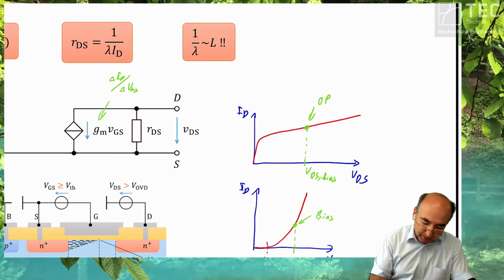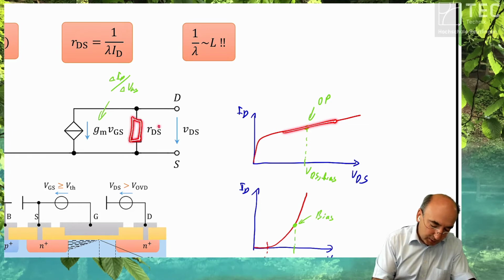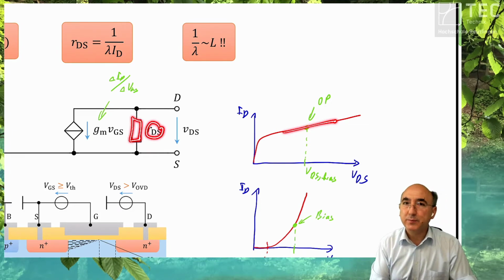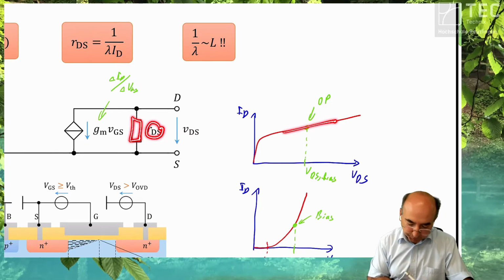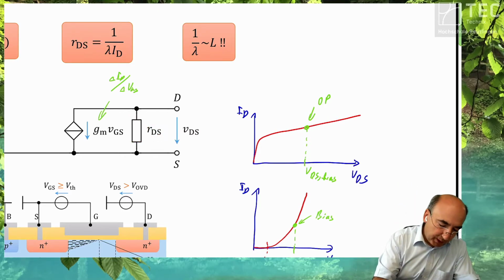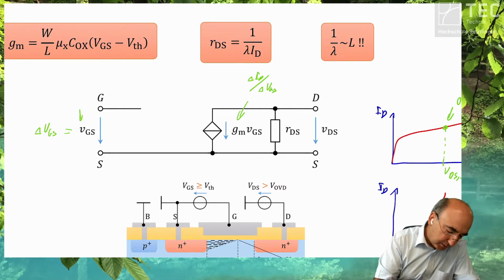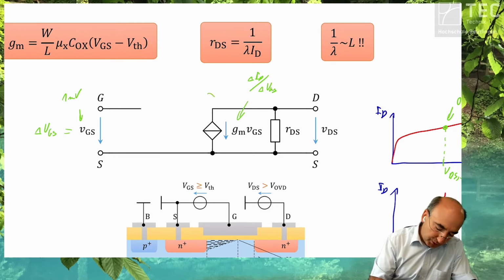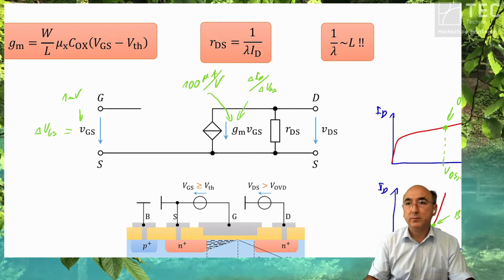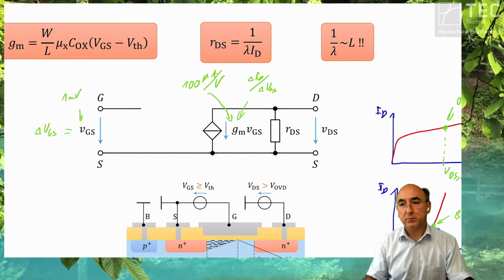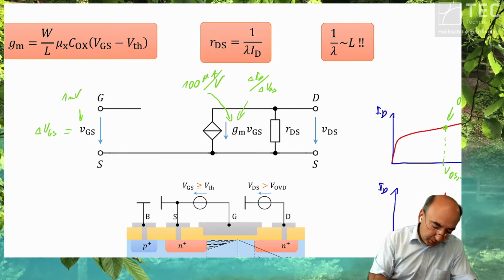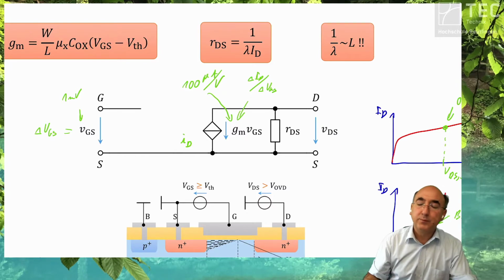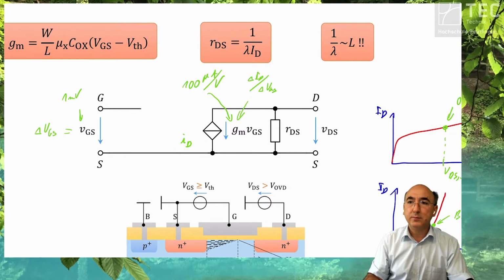Why does this slope represent a small signal resistance? Let's make an example. If you have a signal of 1 millivolt, and your GM is, let's assume, 100 microampere per volt, then how much is your signal current?